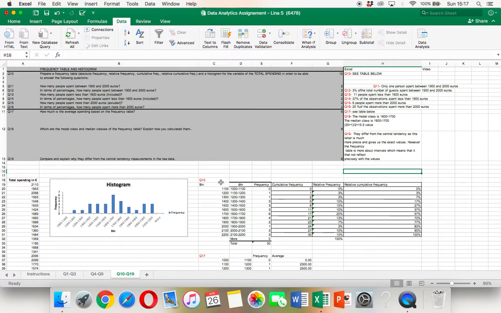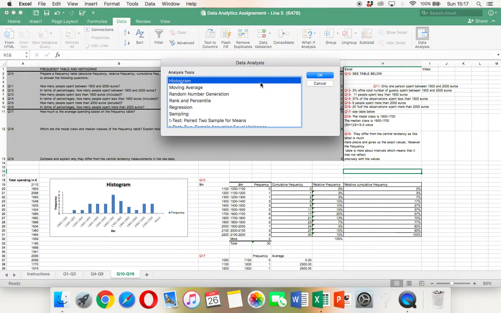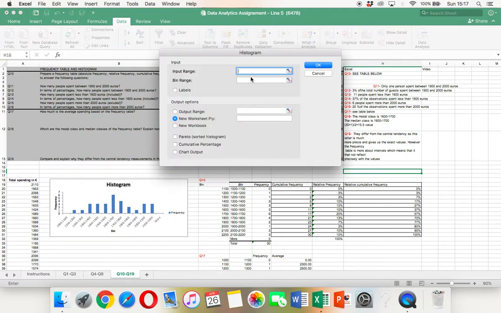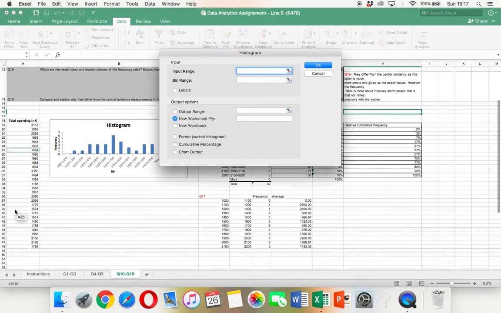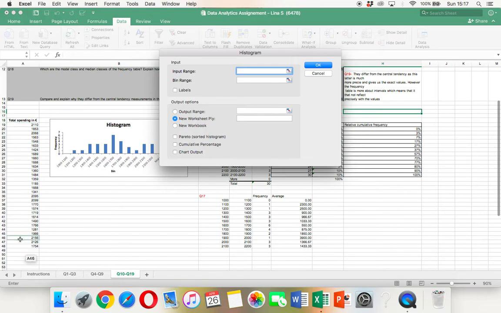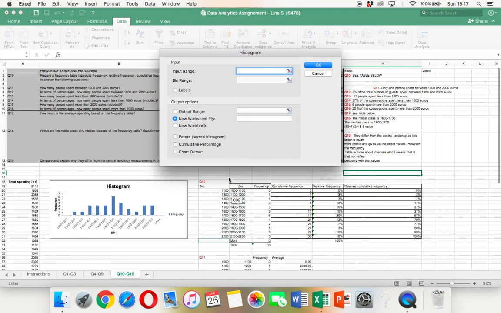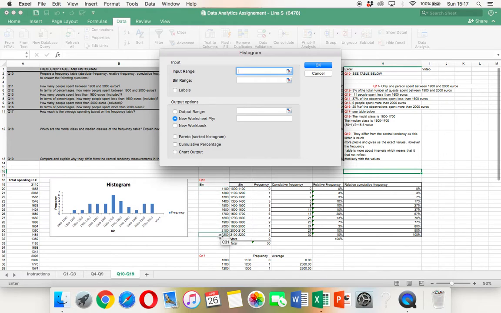So I have put them here with an interval of 100 in between each value, and I went to data analysis, histogram, and then for the input range I had put all the total spendings, all the values, including the label. And then for the bin range I had selected this bin range with the label.